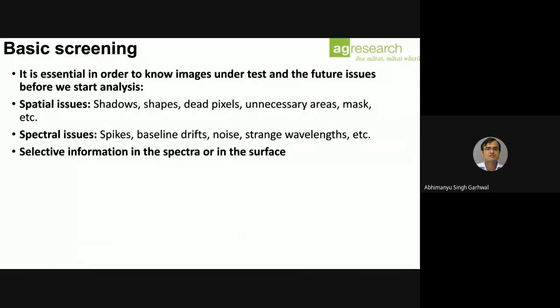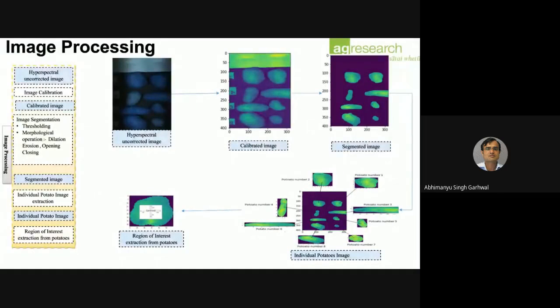Spectral issues arise because when we capture the spectra, there are spikes because of the external lighting system, some baseline drifts, instrumental noise, environmental noise, and some strange wavelength behavior. And the selective information in the spectra or on the surface is another issue.